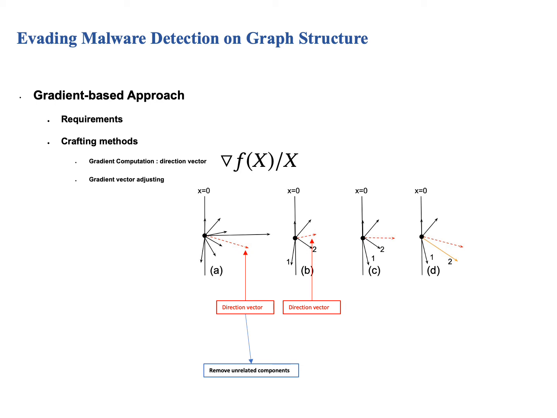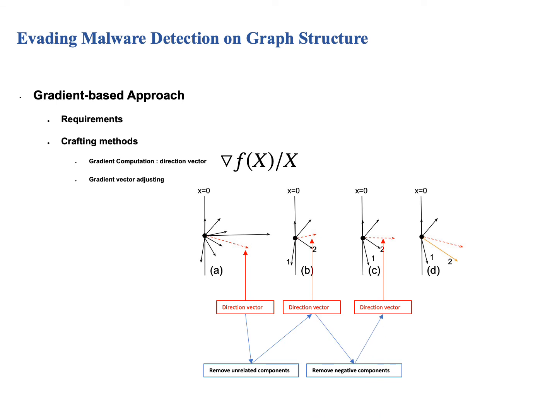Here we remove two lines from A and get figure B. From B, we have one requirement which says we cannot include negative elements. So we should move the line to the right side by removing negative components.